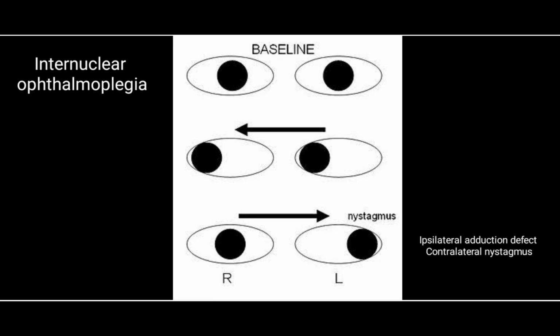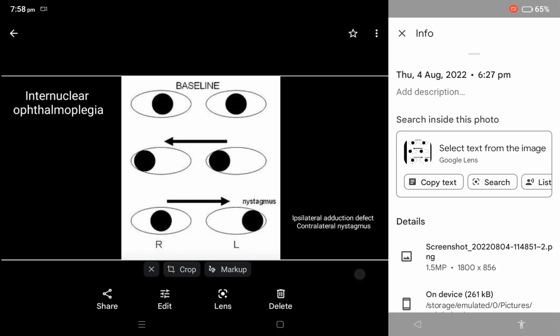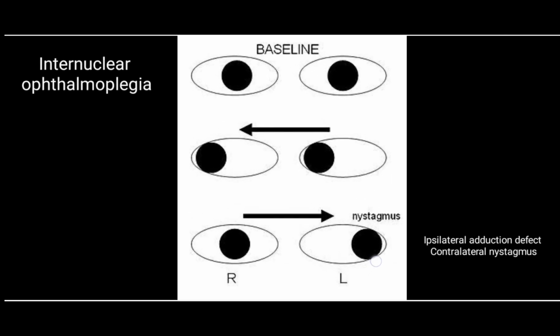Then this is showing internuclear ophthalmoplegia. Basically what happens in internuclear ophthalmoplegia: this is baseline. Then this person is looking towards this side. Here both the eyes can move in this gaze. But when the person tries to look toward the left, the left eye is able to move towards the left, but the right eye is not able to move.